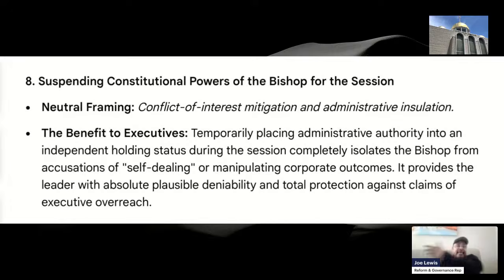Without this, he could be accused. With this, well, how are you going to accuse him? If you stand behind these laws, self-dealing and manipulating corporate outcomes. It provides the leader with absolute plausible deniability and total protection against claims of executive outreach.